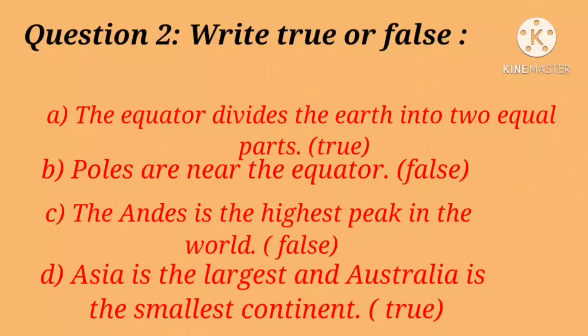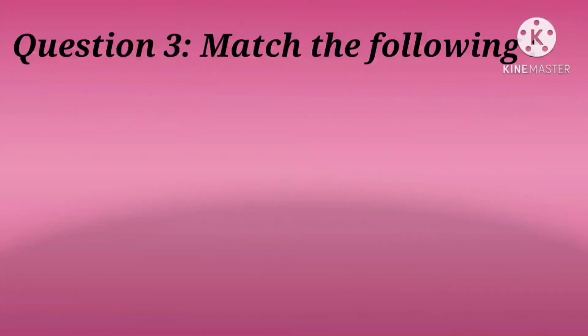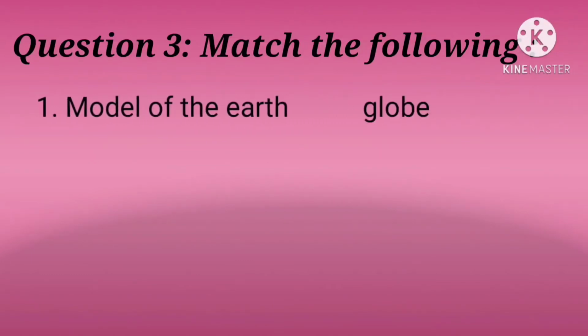Next, question number 3. What is question number 3? Match the following. See the first one. First is model of the earth and the correct answer is globe.